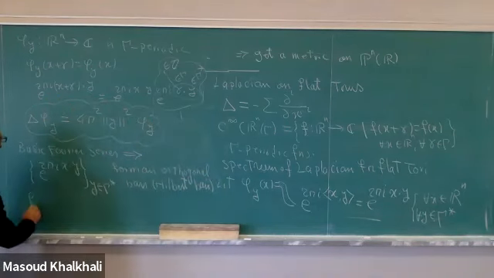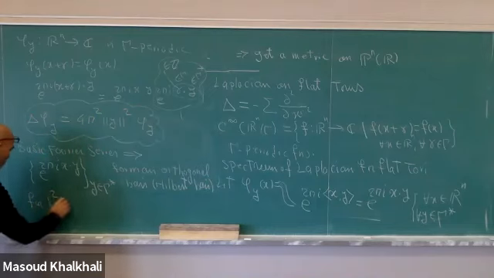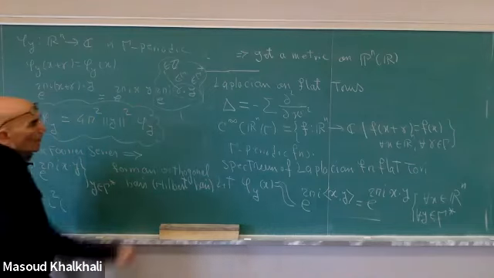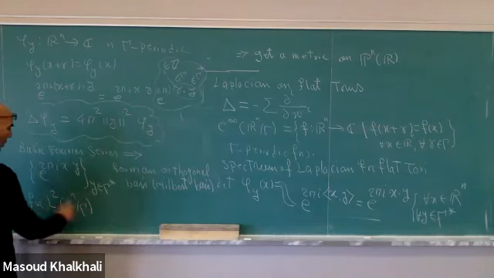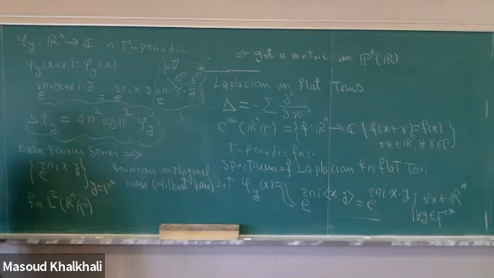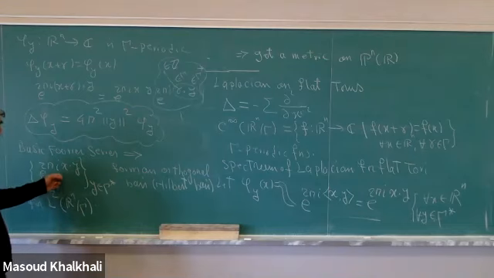For L2 of Rn mod gamma, basic Fourier theory shows this. So that's a Hilbert basis.